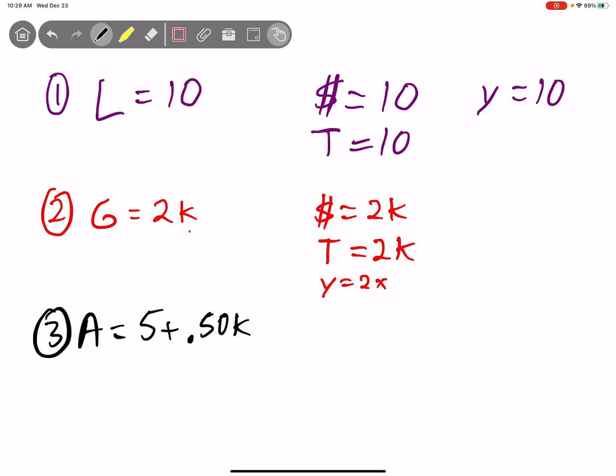Now, I didn't need to put that 0 there because of 50 cents. I could have written it as a fraction. It doesn't matter. So if I wanted to change this, I could have written that the total amount of money equals 5 plus 0.5 times K.